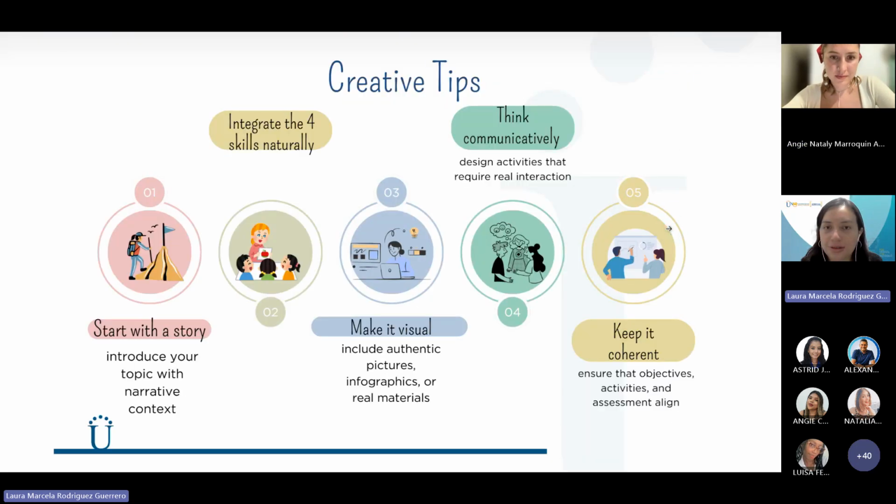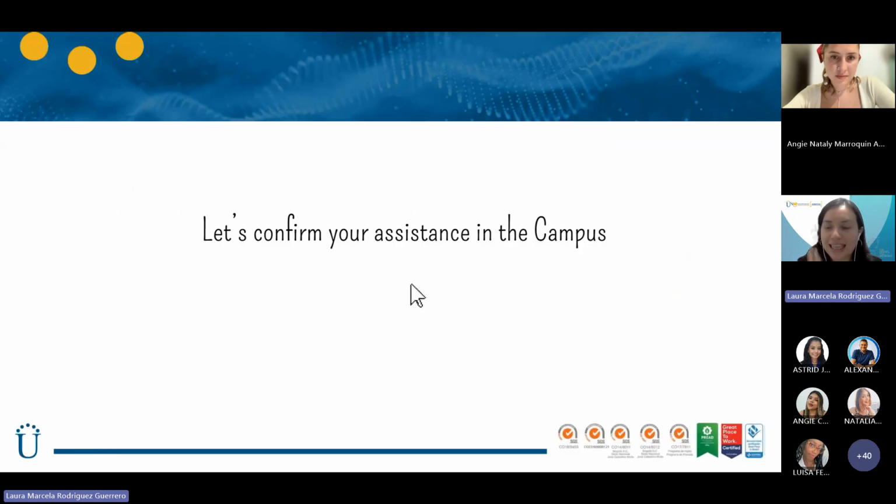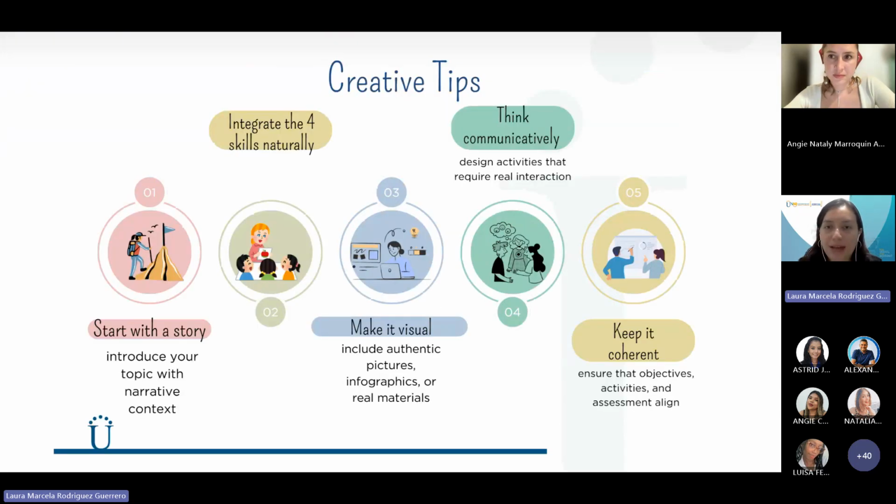Okay, we're going to finish with some tips while you keep confirming your attendance. Guys, please don't forget to do it. And we have some tips for you so you can prepare your unit. As we have been talking about the story, start with a story.